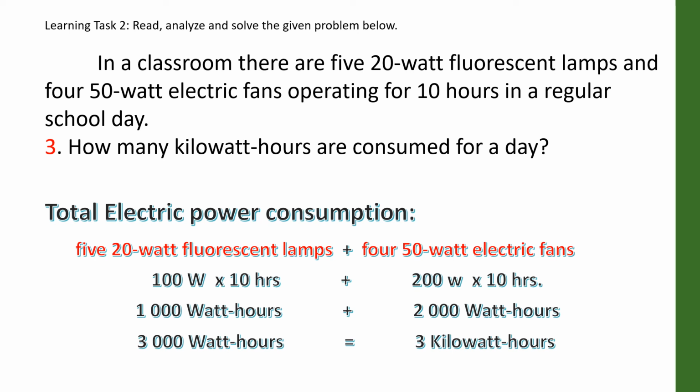Bakit naging 3 kilowatt hours? Sabi nga natin, dun para ma-convert natin yung watt into kilowatt, okay? We need to divide the number of watts by 1,000. Kaya naman yung 3,000 watt hours dito ay magiging 3 kilowatt hours. At yun ang ating magiging kasagutan.